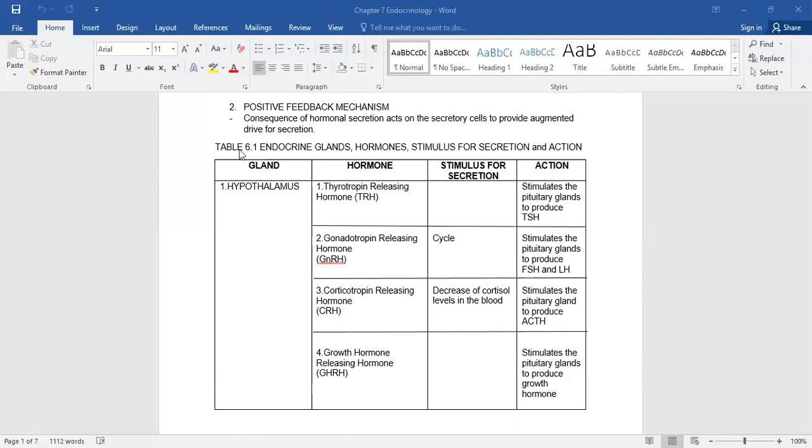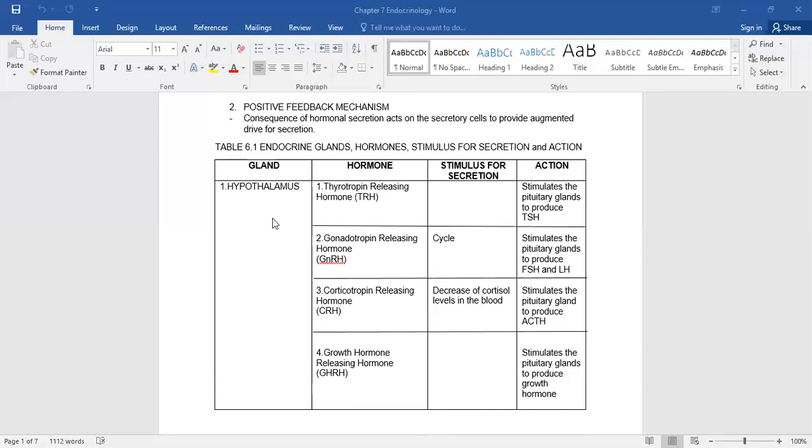So the first gland is the hypothalamus. Now, my professor back in college would always say that the hypothalamus is the master gland, although most authors will put the pituitary gland as the master gland.